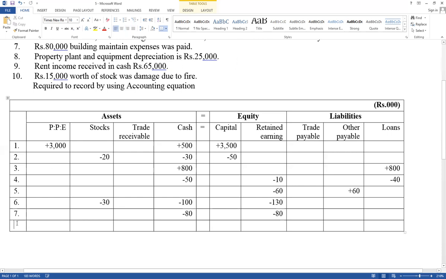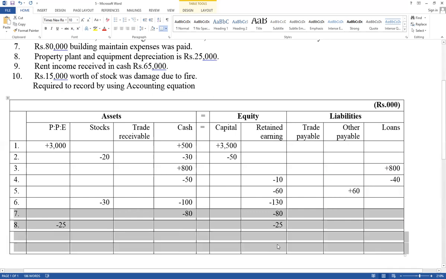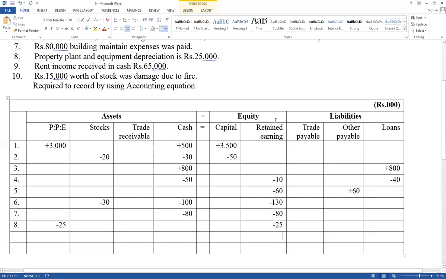Therefore, transaction number 8 affects property, plant and equipment decrease 25,000, as well as depreciation also being an expense, therefore retained earnings decrease. If it is an expense or if it is income, it should be recorded under the retained earnings column. Equity is given separately.